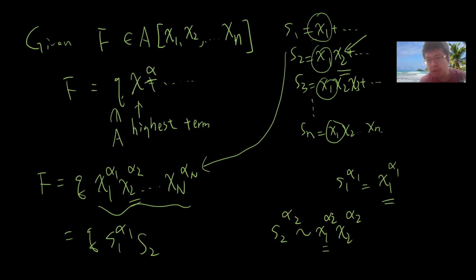I want to kill this, so I should use s1^(alpha1 minus alpha2) and s2^(alpha2 minus alpha3). Remember, by definition this is the highest term, so you will cancel this term. And then for s3 you just keep going, alpha3 minus alpha4, and until what?